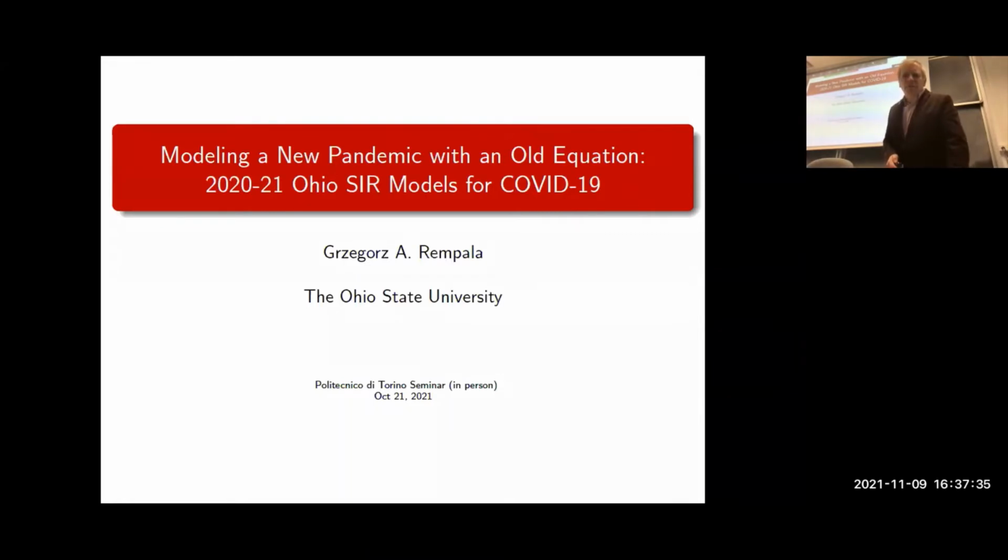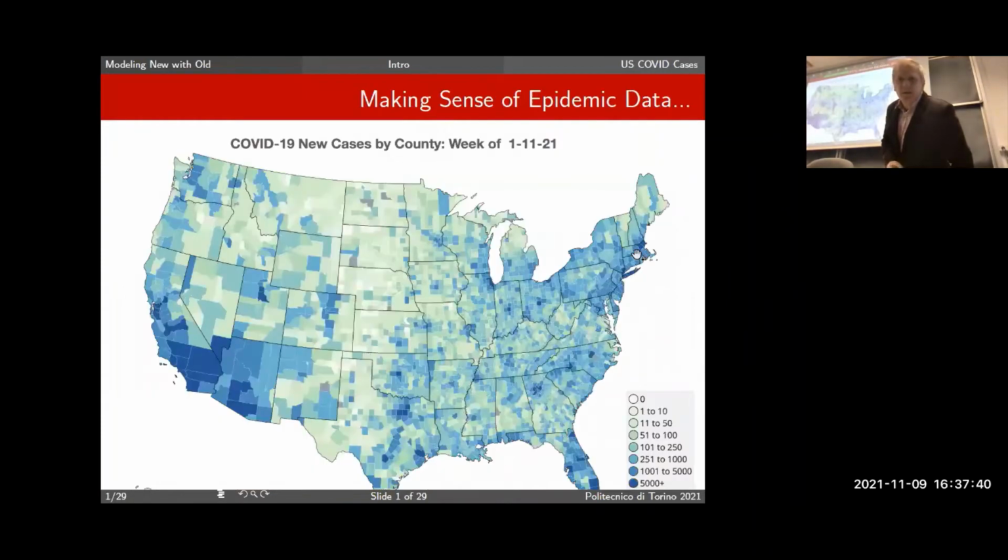So I will start with basically showing you the map of the US from several months ago, where you can see that the colors are denoting a different amount of COVID in different parts of the country, and you see that there are some dramatic differences in coloring on that map, right?